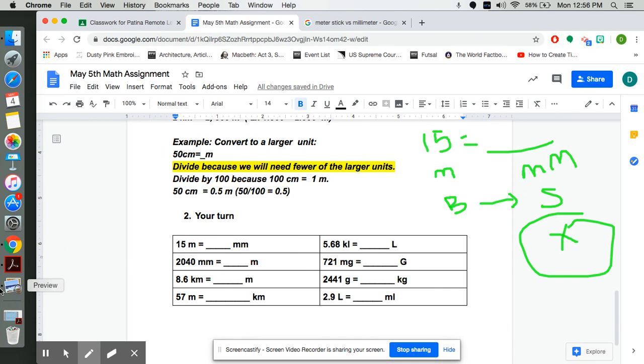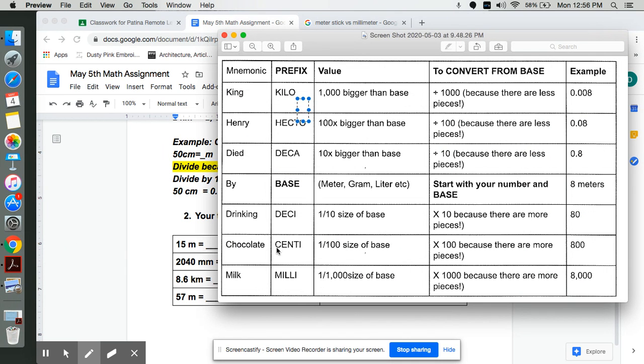So I'm going to go back to my chart over here. And right now I'm in meters, and I'm going to be going down to millimeters. And if I go down 1, 2, 3 times, that's going to be times 1,000.